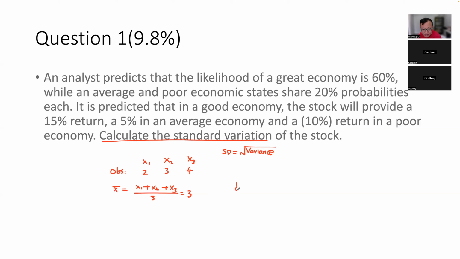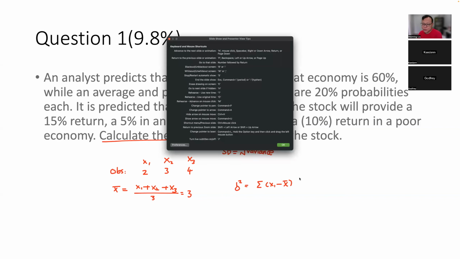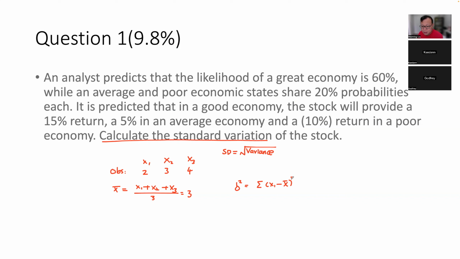The variance equals the sum of your observations' deviations from the x bar: you compare each observation with your average, take that difference, square it, and then sum them up.